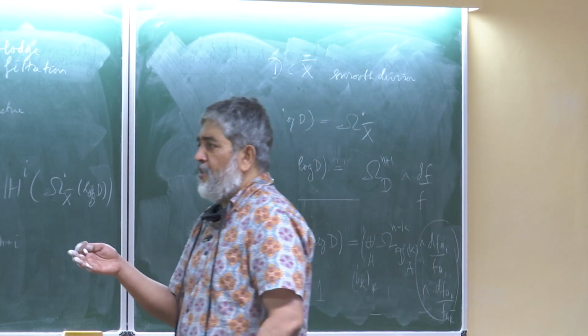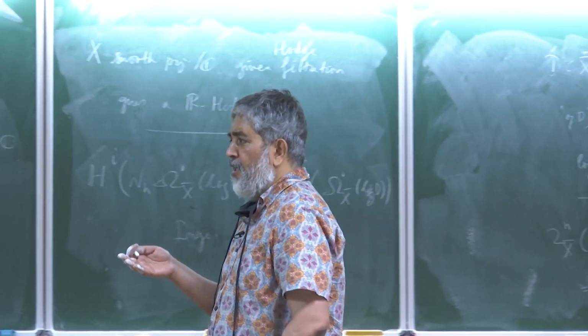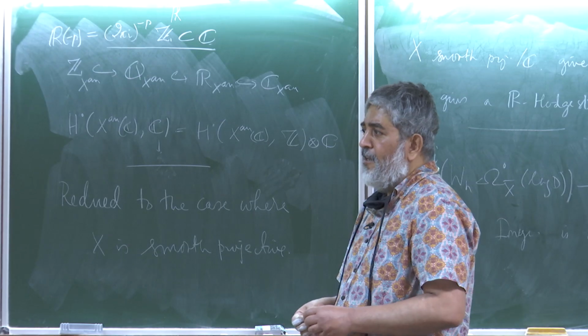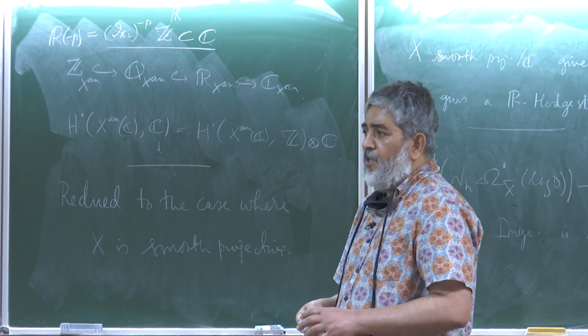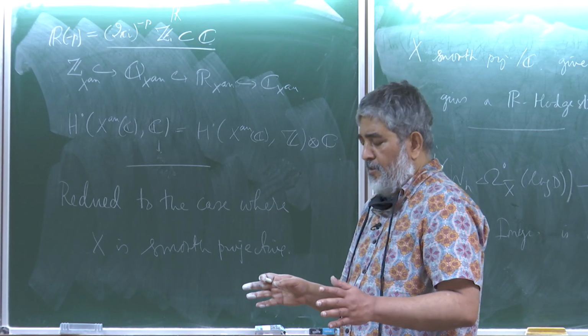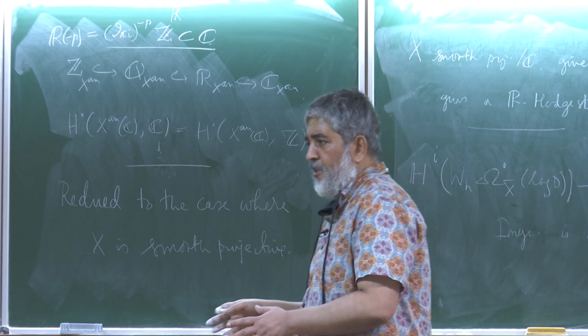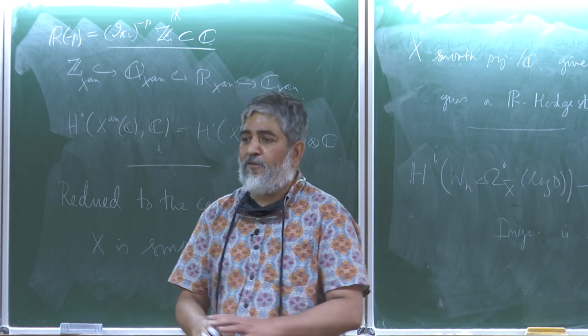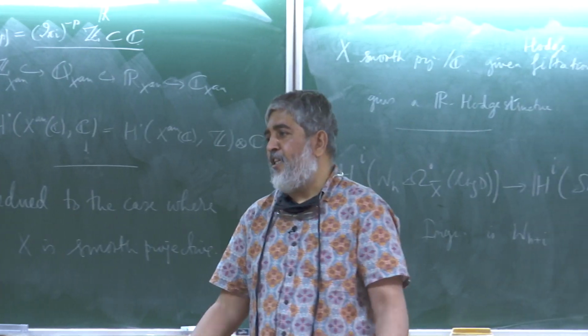I think Srinivas has also written up something on the de Rham cohomology side, maybe. In any case, you can do this whole thing directly with algebraic de Rham cohomology. Whatever we have done today actually all works with algebraic de Rham cohomology.